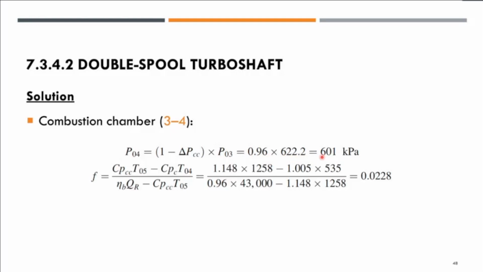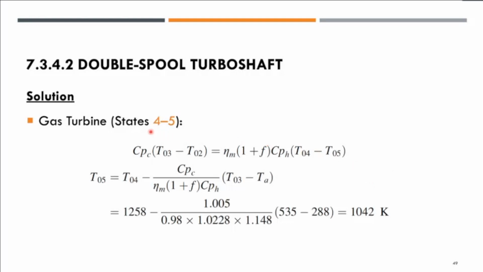So that is the value at the exit of the combustion chamber, 601 kilopascal. And the fuel to air ratio, f, is obtained from the various parameters over there, and you get 0.0228 fuel to air ratio.